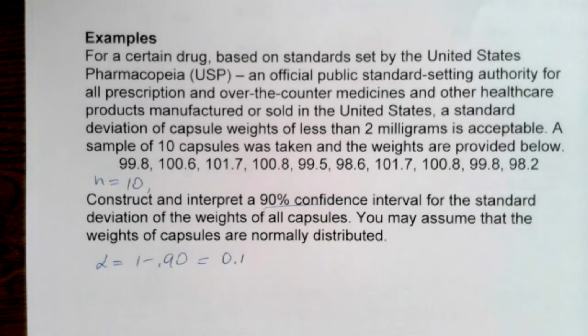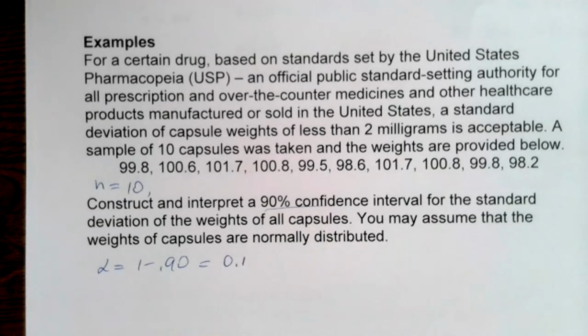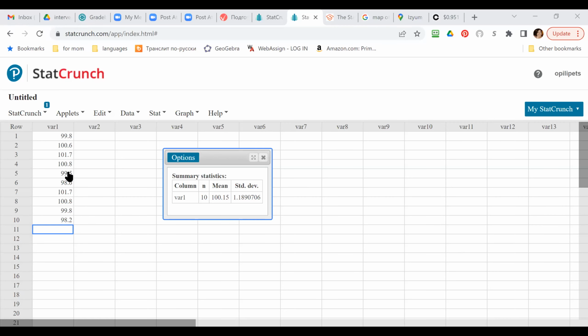Now, I put my values into StatCrunch and found the mean and the standard deviation of the sample. So the mean of the sample is 100.15, and the standard deviation of the sample is 1.1890.